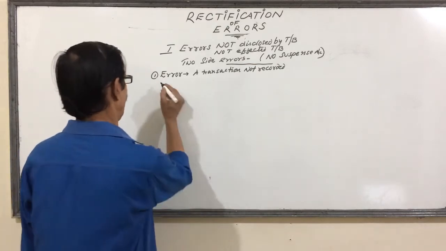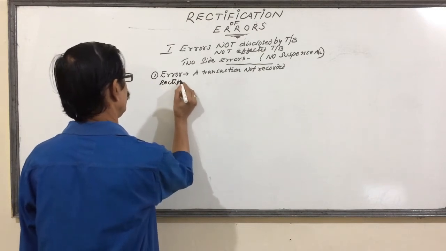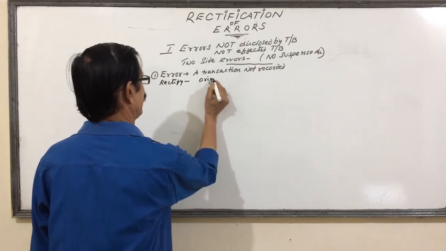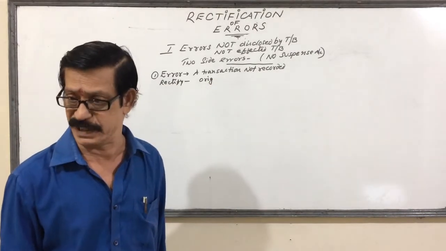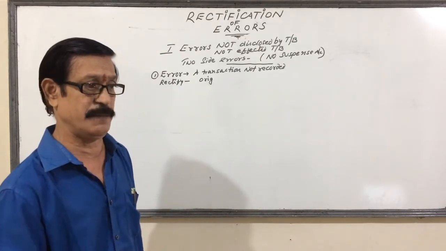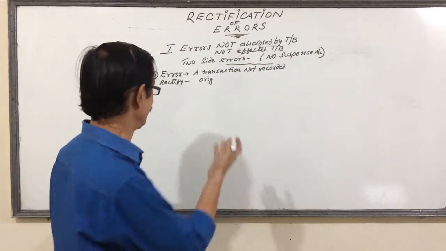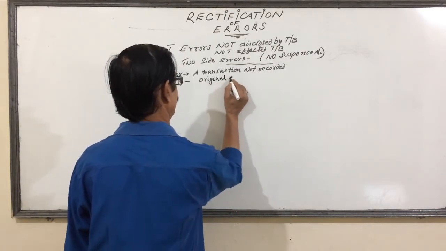So as to rectify, record the original entry. The same entry you can write down. What is the entry for purchases? Purchases are coming in, so Purchases account debit to X account. Understanding? The same original entry can be recorded.